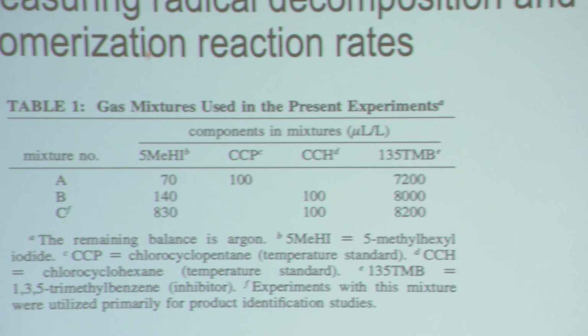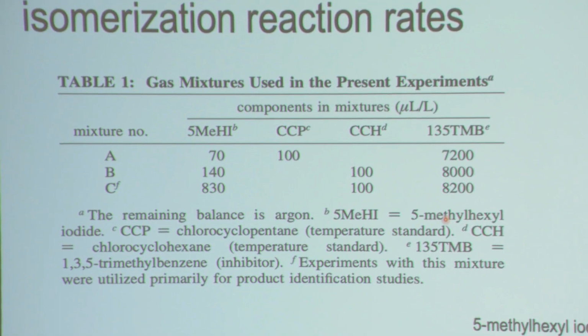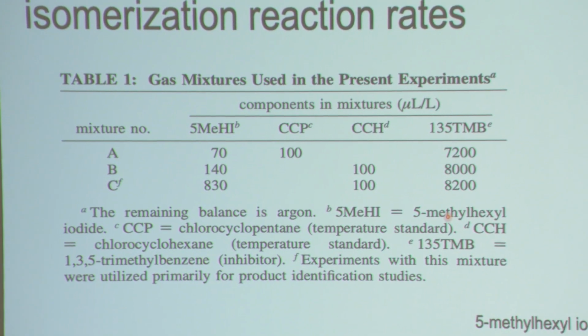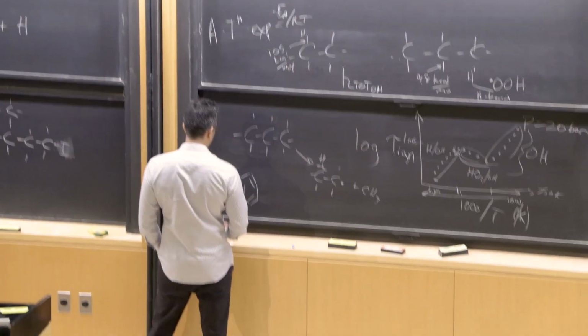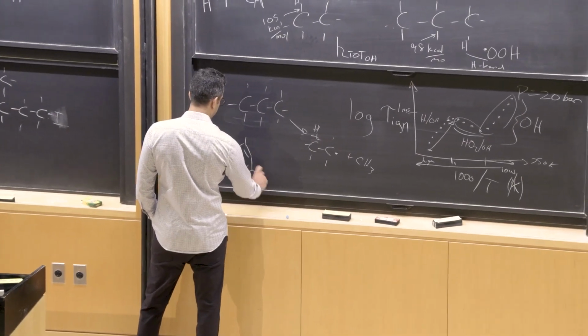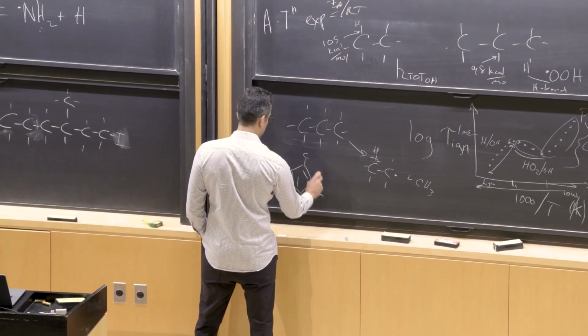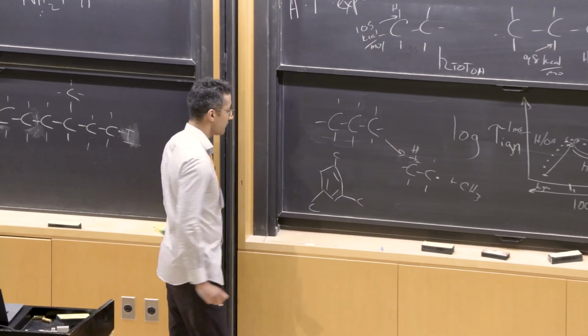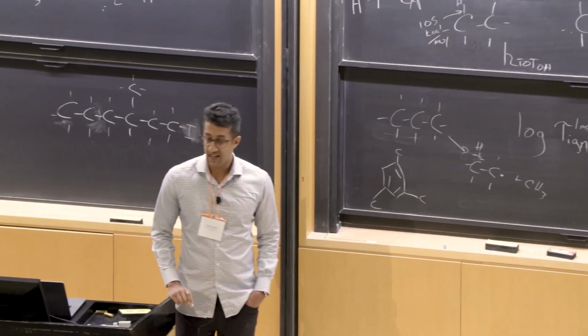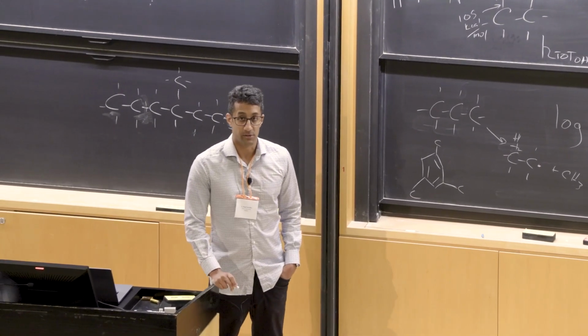And then finally, he has something called 1,2,3,5 trimethylbenzene, or 1,3,5. So it's benzene with 3 methyl groups, so 1, 3, and 5. Why does he have this? Well, he has this as a radical scavenger.